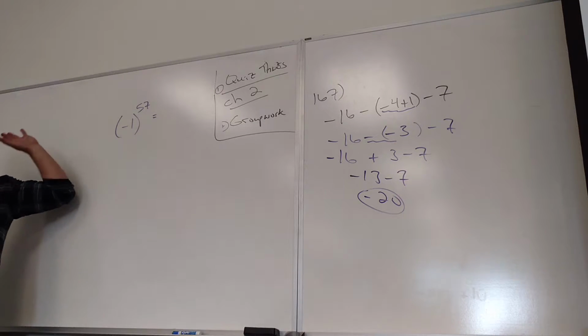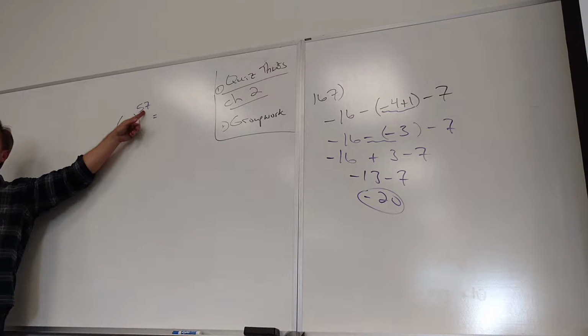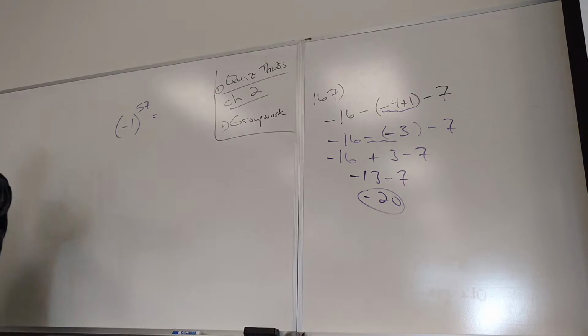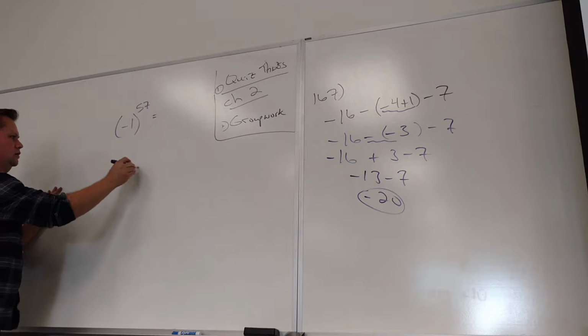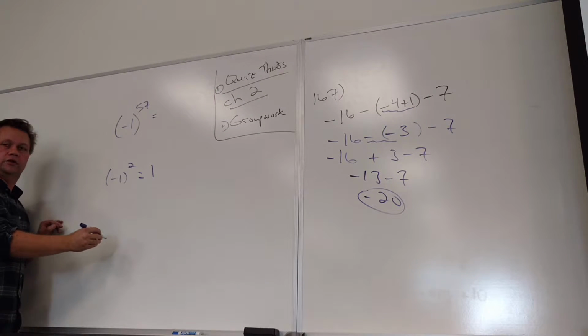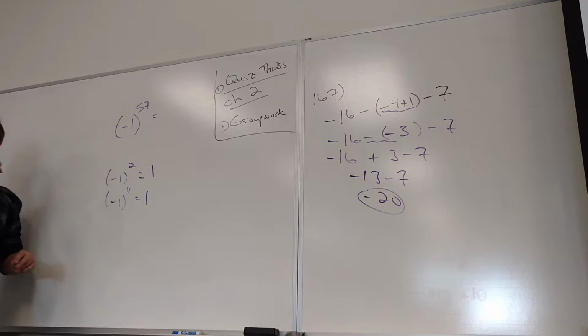There ain't no 57 up here. The key is that this is an odd number. So any pair of negatives are going to do what with each other? They're going to cancel, right? So negative 1 squared is positive 1. Negative 1 to the 4th power is the same, because the two negatives cancel. There's no negatives left over.